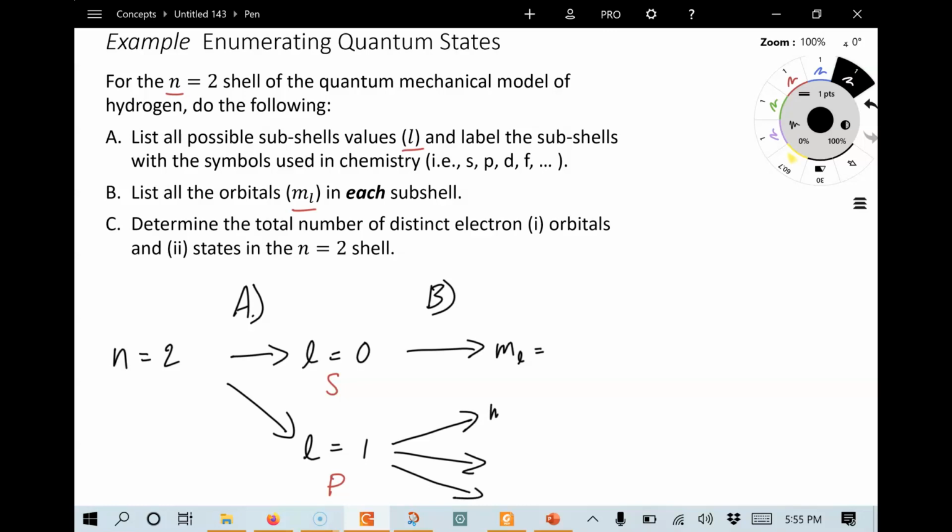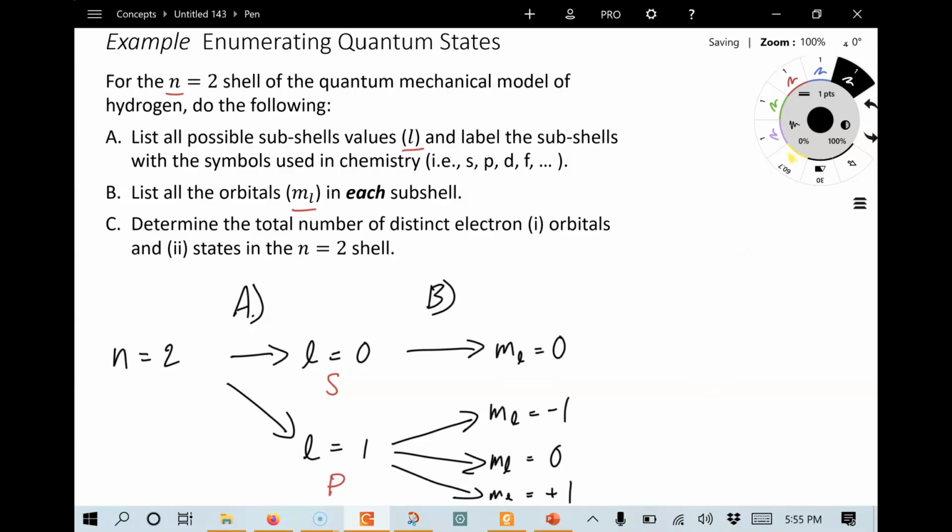We're going to get M sub L equals minus 1, 0, and plus 1. And so that's what we were asked for in part B. We've got 4 different orbitals in the n equals 2 shell. Three of them are p orbitals, these guys, and one of them is an s orbital.